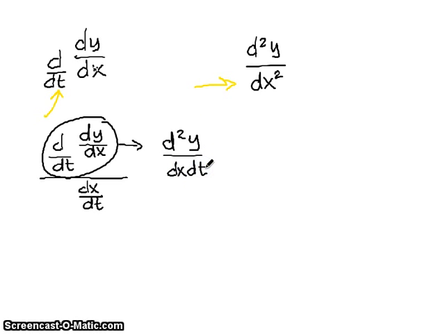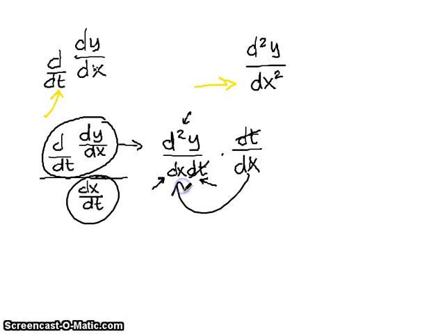So we've taken the derivative of y with respect to x once and with respect to t another time, but we're dividing by dx dt, so really we're multiplying by dt over dx. Our dt's will cancel. We have dx times dx, so we're going to get d squared y over dx squared.